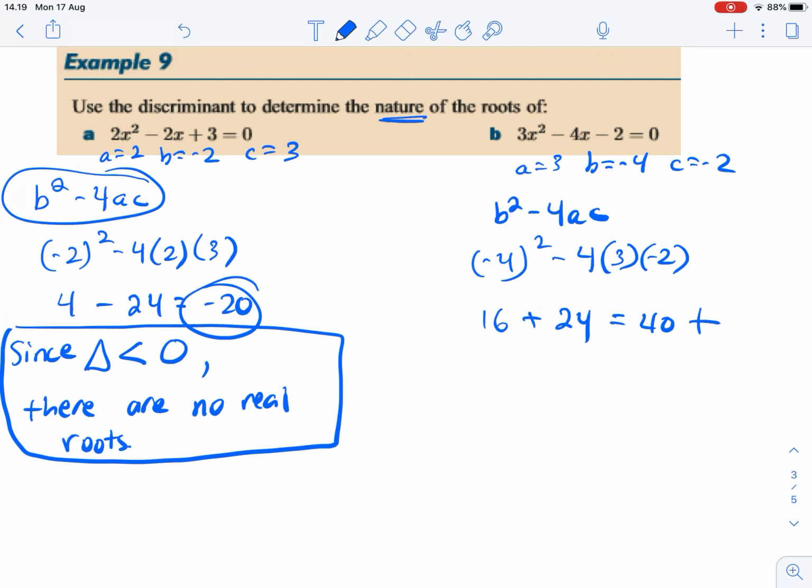That is positive. So my discriminant is greater than 0, so there are two distinct roots. That just means there are different roots.